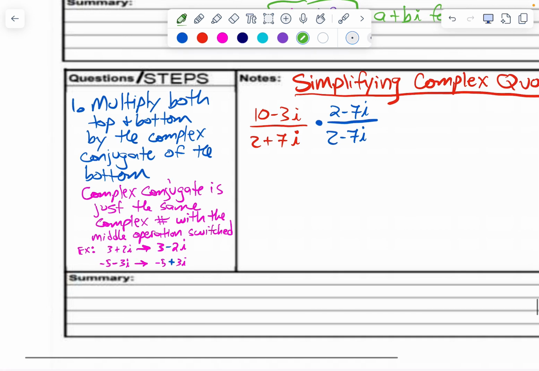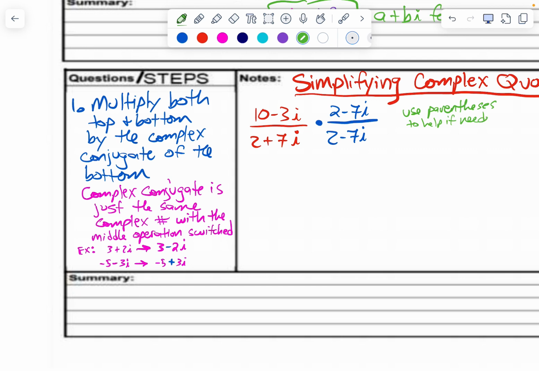So I'll make note of that. Use parentheses to help if needed. Something like that. Again, it just kind of clusters things so that you can see what is multiplied. But you don't have to do that.